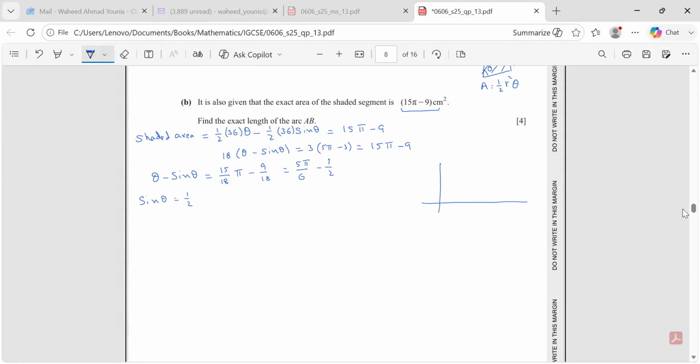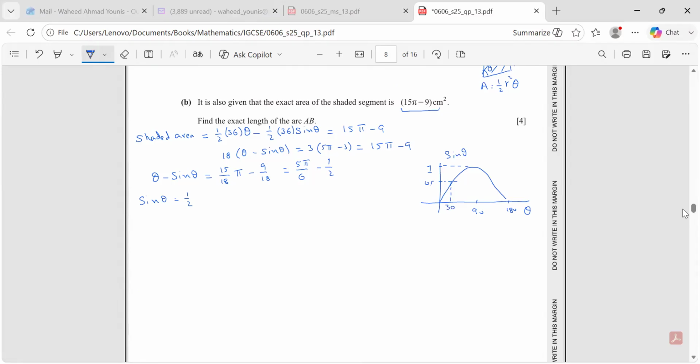But if you remember sine theta, the graph goes something like this, right? This is 90 degrees, this is 180 degrees, and this is 1. The maximum value is 1, right? So 0.5 occurs at 30 degrees, right?